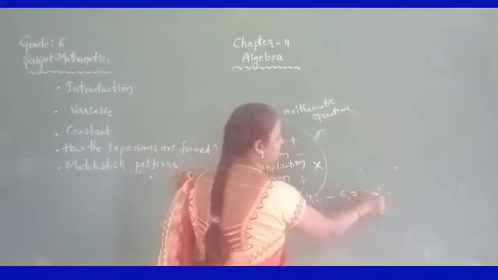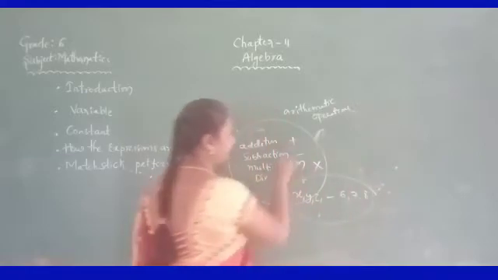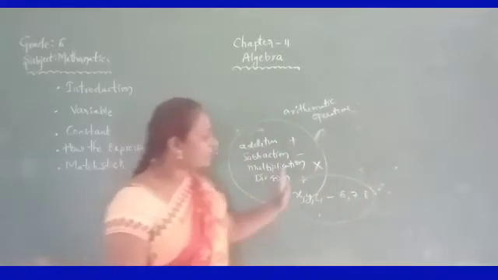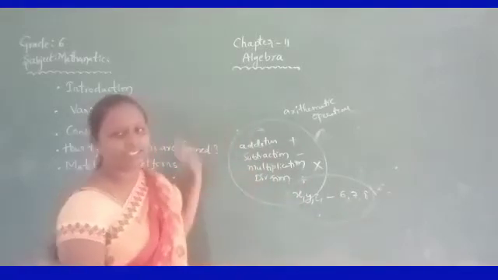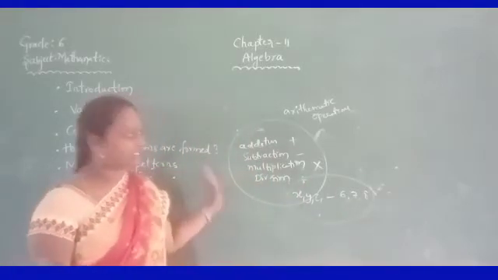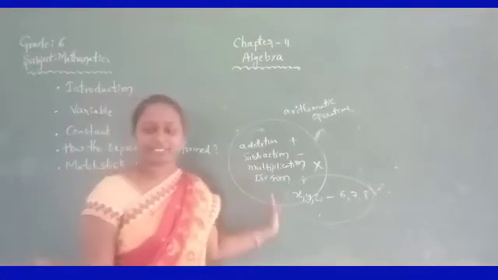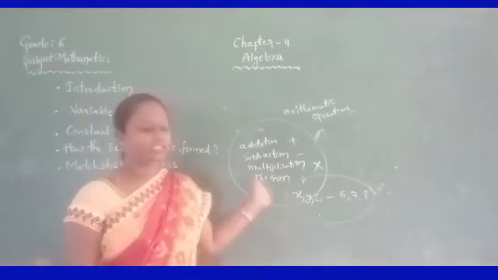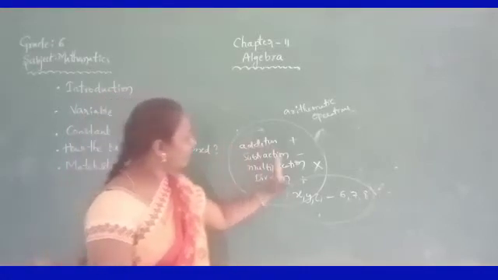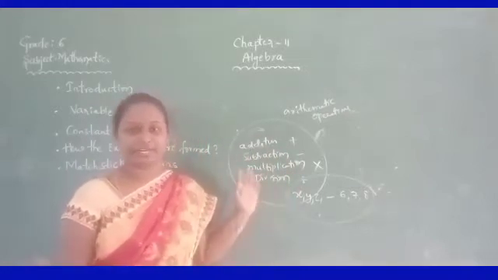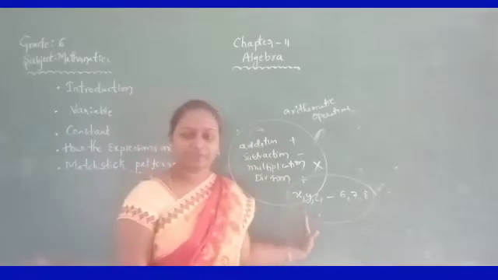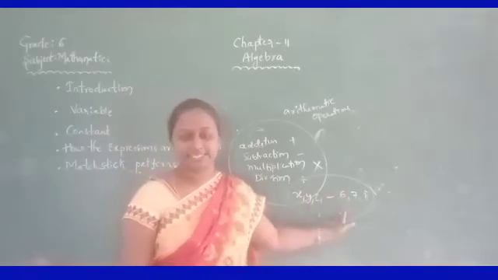So arithmetic operations together with variables and constants is called algebra. Algebra is a branch of mathematics.